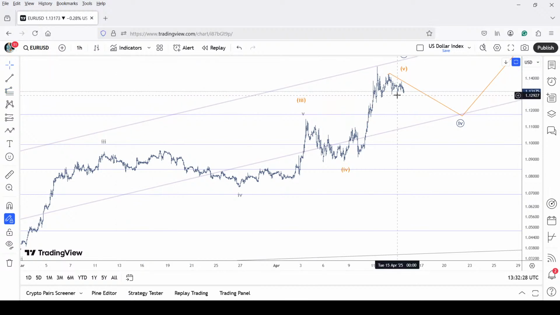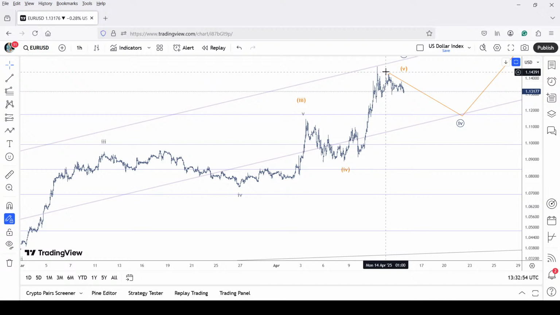We need to see a break below that particular low, specifically 1.1301. A drag below that would accelerate lower towards 1.1170 at least, and that would be minute wave 4 before the minute wave 5 rally could resume.